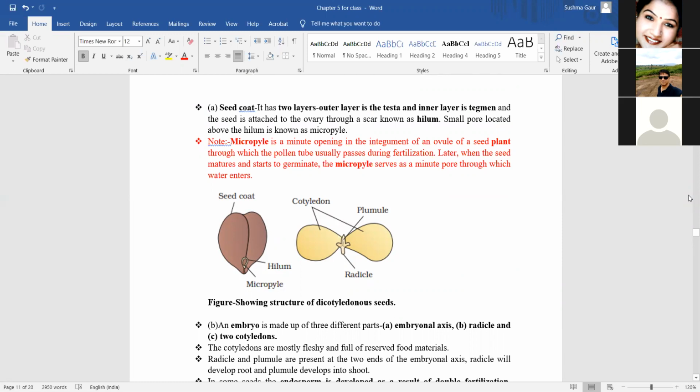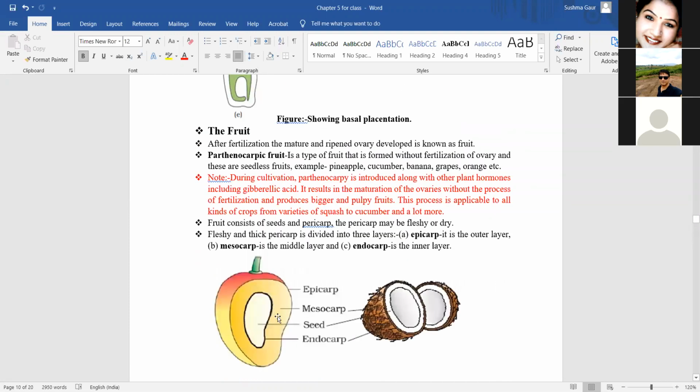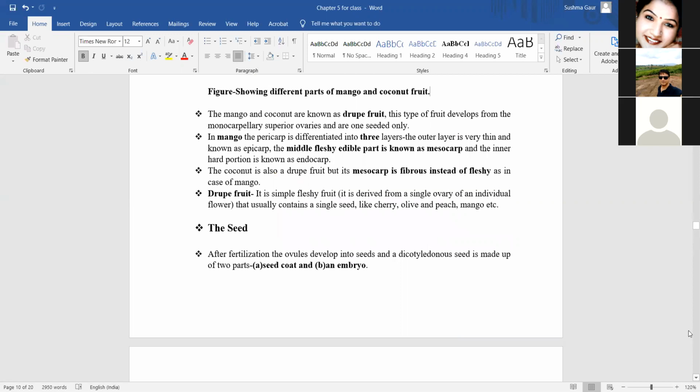So in case of coconut, like in case of mango, this mesocarp is very fleshy. You can see in the diagram. This is mesocarp. In case of mango, this mesocarp is fleshy, but in case of coconut, this mesocarp is fibrous.